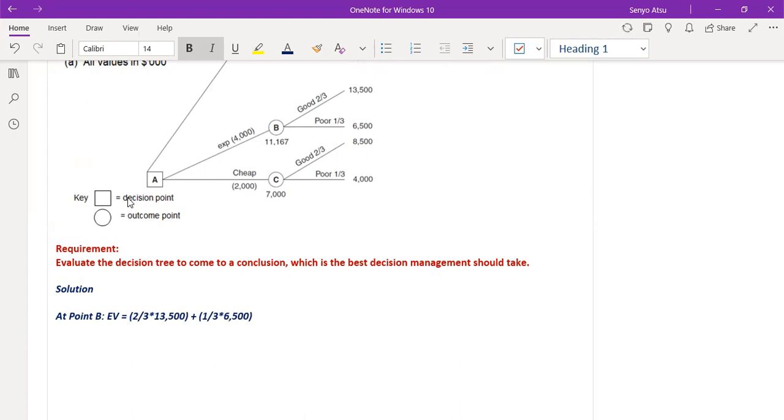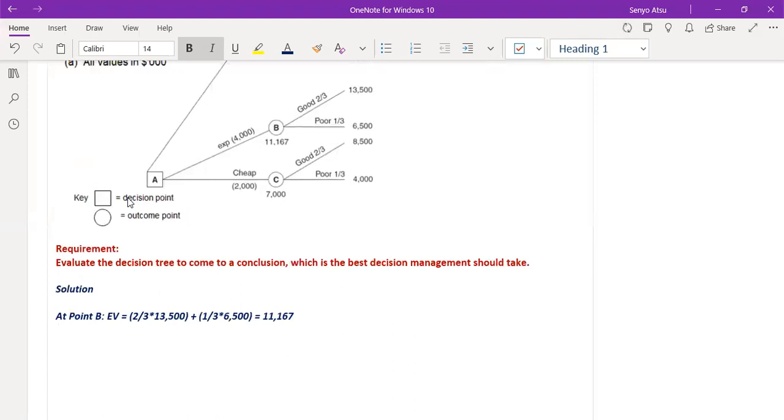So if you do an expensive refurbishment whose results are good or poor outcomes, the average of those good or poor outcomes is 11 million. So all figures in thousands, $11,167.